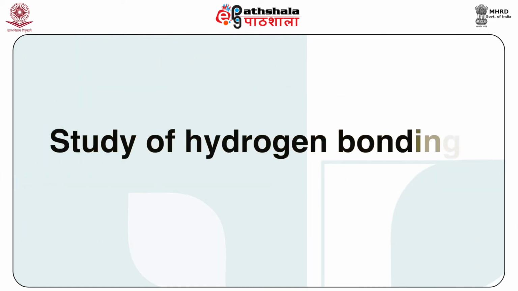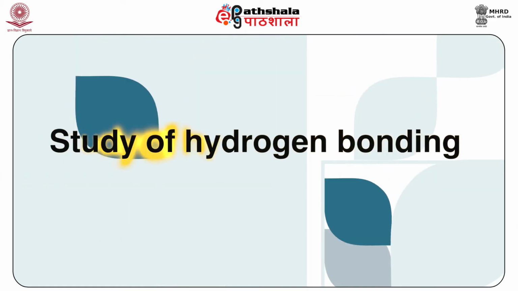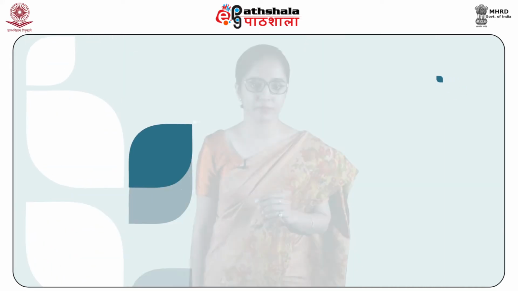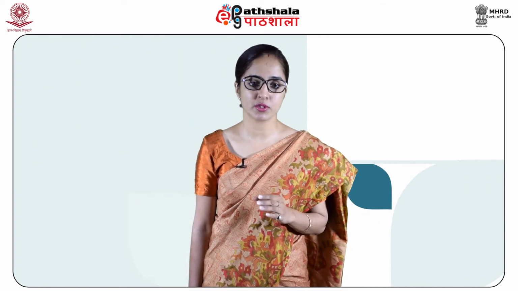Now we move on to the next application, that is the study of hydrogen bonding using IR spectroscopy. IR spectroscopy is useful in detecting hydrogen bonding and in distinguishing inter and intramolecular hydrogen bonding.